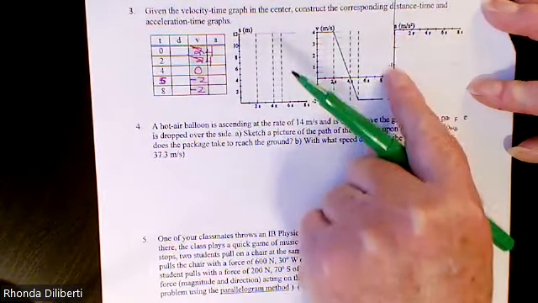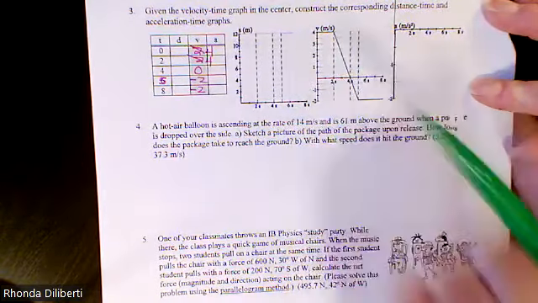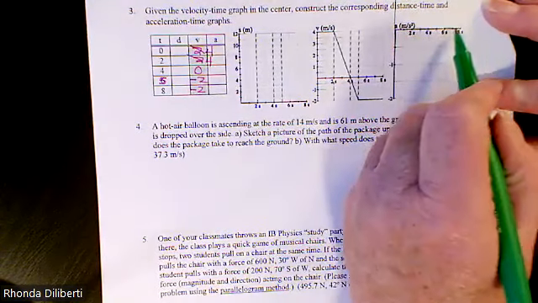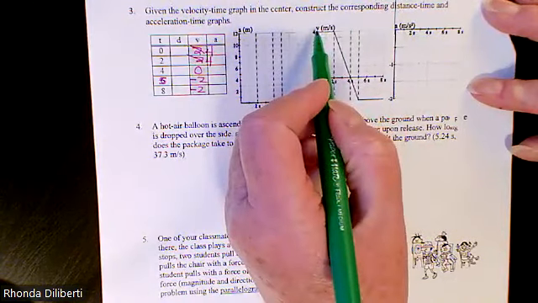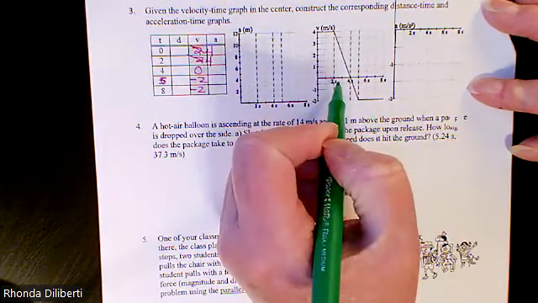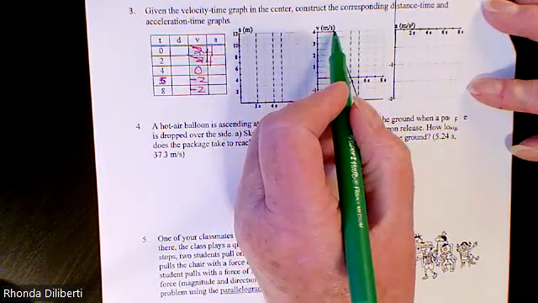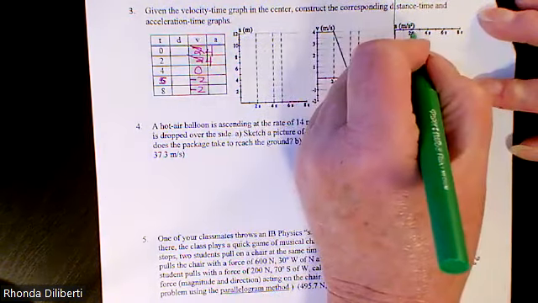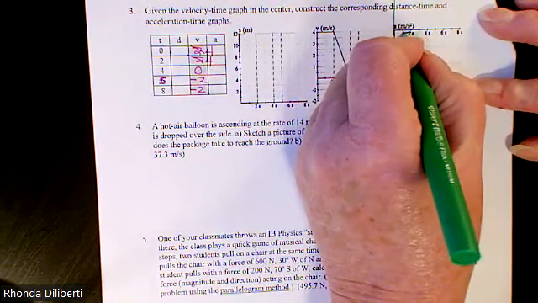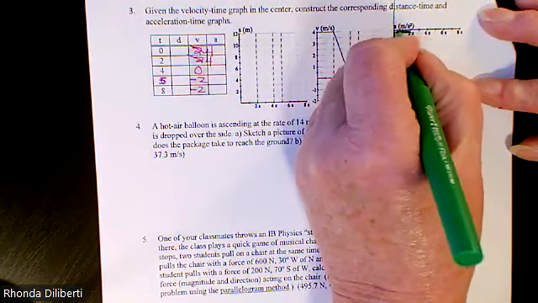And so this is -1, this is -2, and I don't have any positive values on here. So this line here is actually 0. So at the start of the story, I'm going from 0 to 2 seconds. I am moving at a constant velocity. That means I'm not accelerating. So my acceleration would be 0.